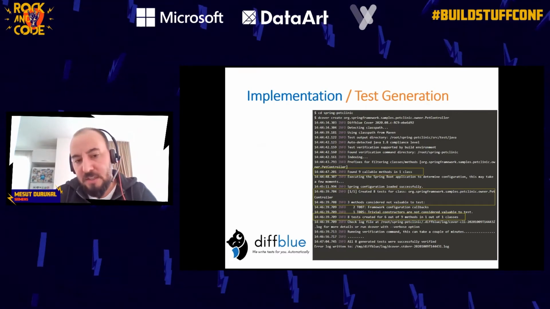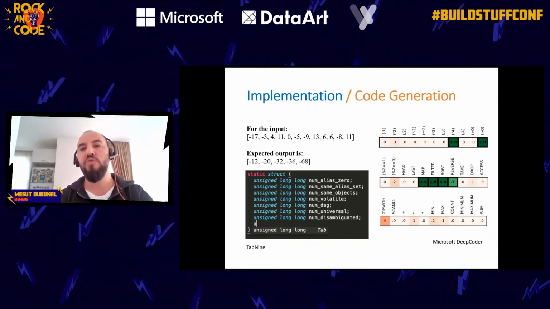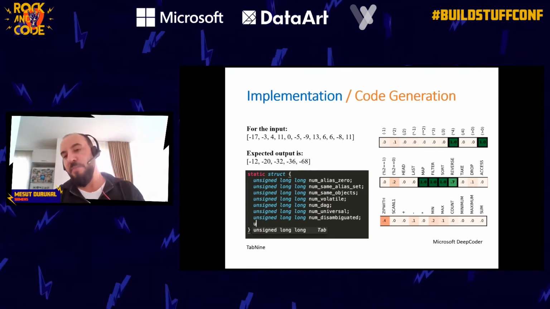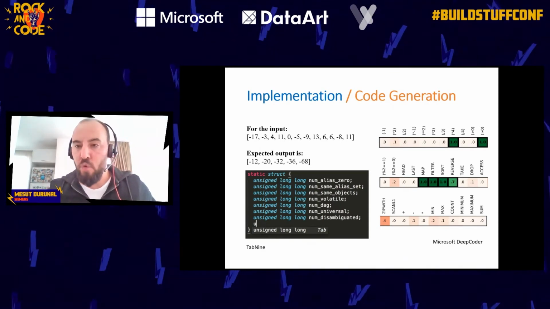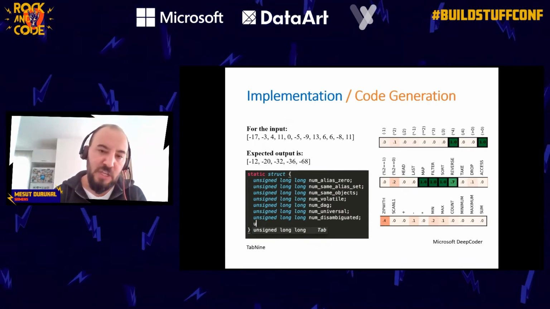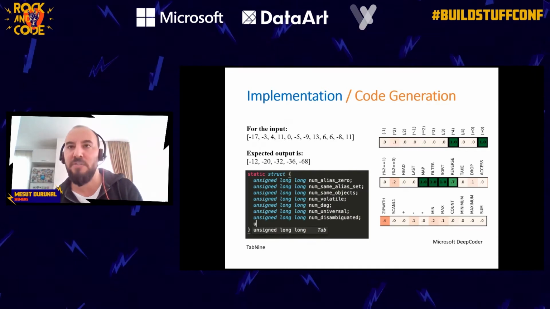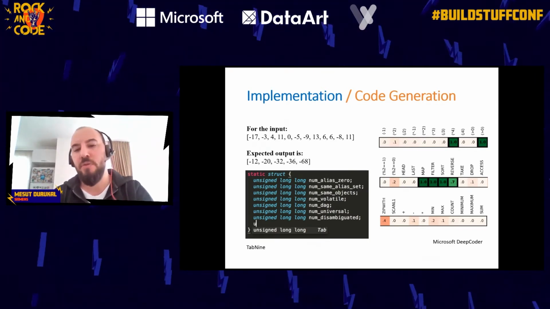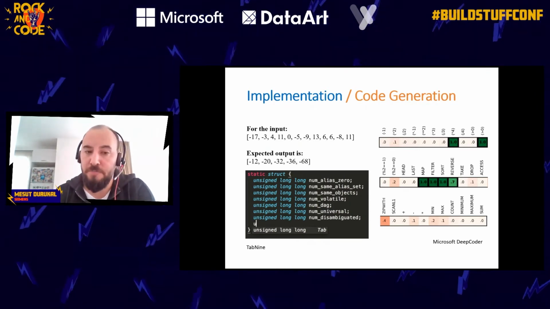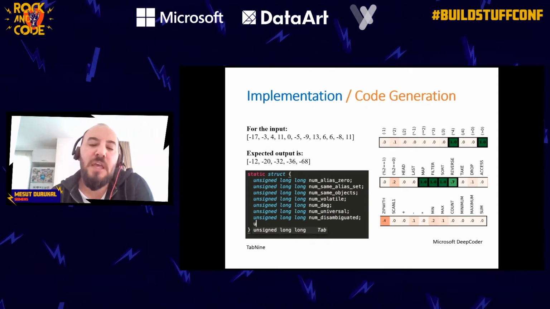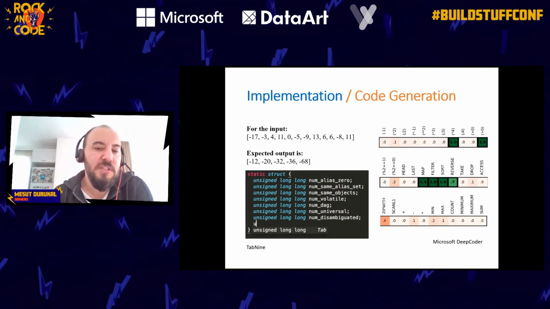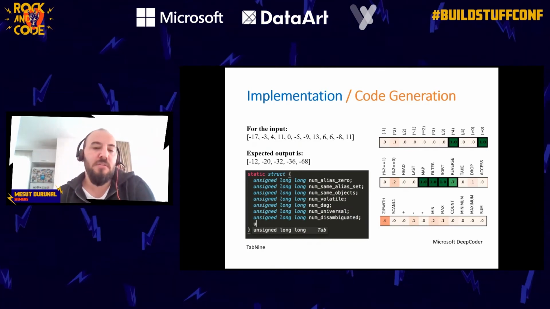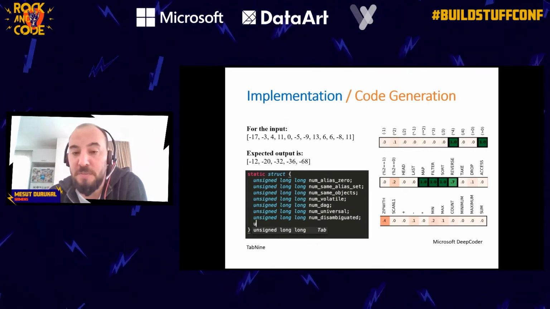Another way of implementing code is to understand the relationship between the input and output. For example, sometimes we should develop code in which some particular input should be converted to another series of output values. On this slide, we have an input-output pair, and for human beings it is not very straightforward to understand the relationship between those two. But for a machine, it can be understood in seconds or maybe milliseconds.